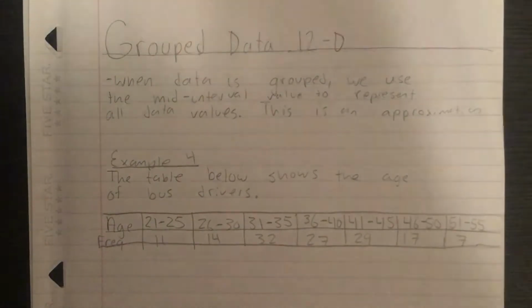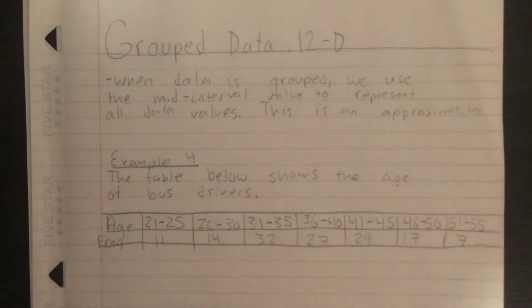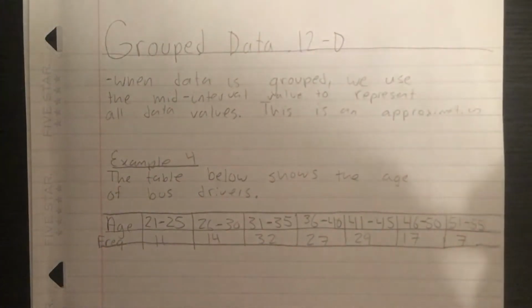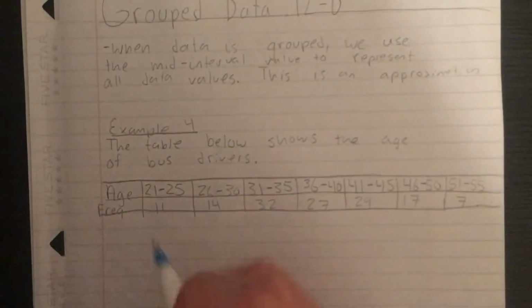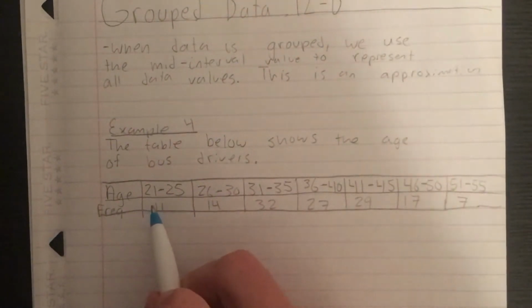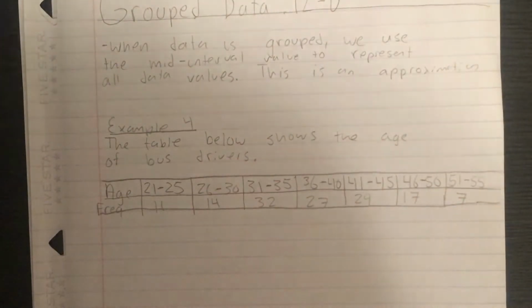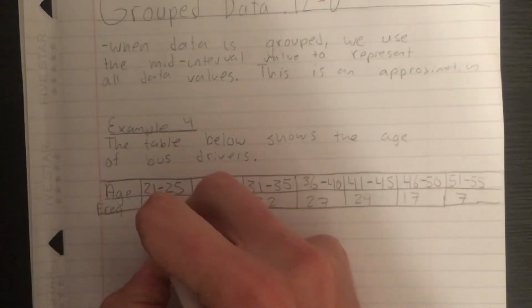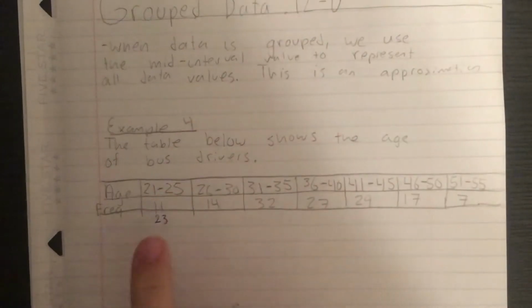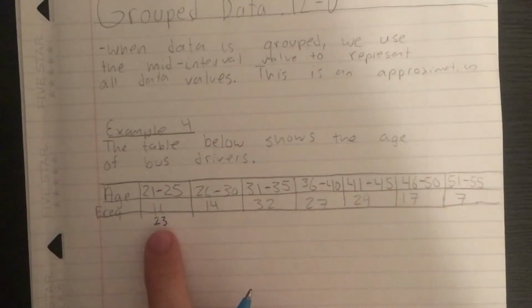So to find the mean, we're going to be multiplying, but we're going to be multiplying by the midpoint of the interval. So if the interval is 21 to 25, in your head you should be thinking, okay, the middle age there is in fact 23. So whenever I'm going to be counting how many people I have in this age group, the only thing that we can do is do an approximation.